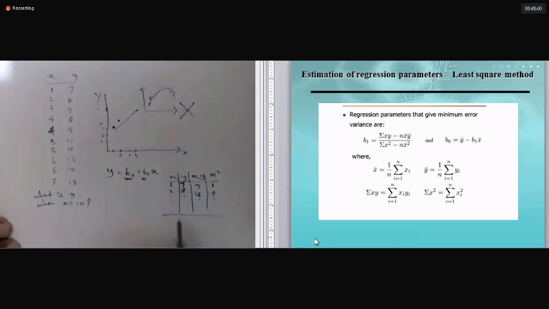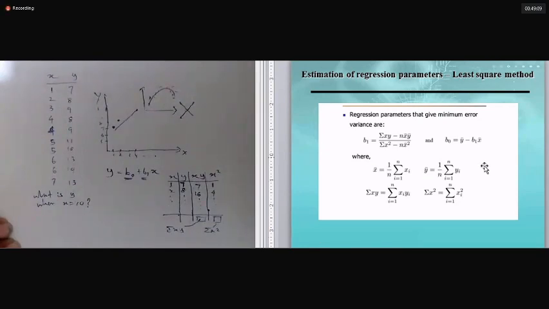Then at the end, if you take the sum of these values, this is sigma xy. And if you take the sum of these values, this is sigma x square.